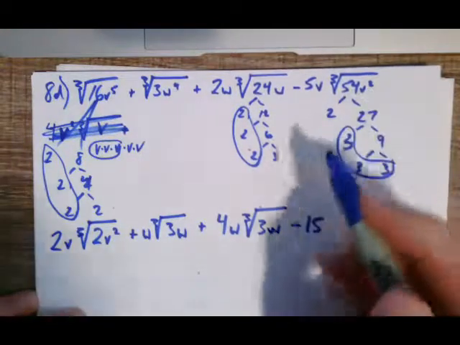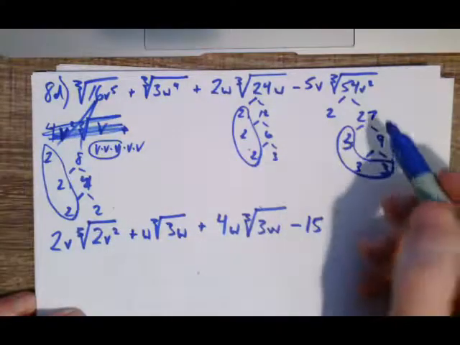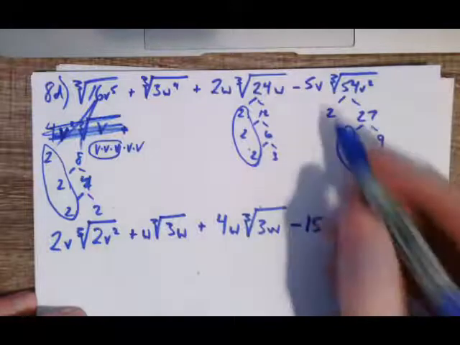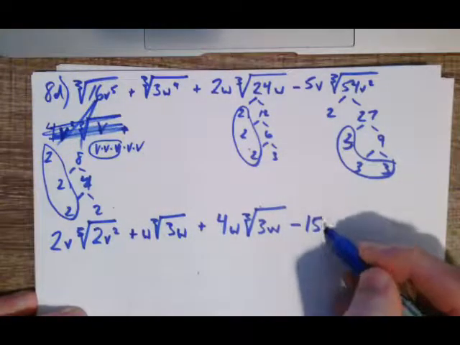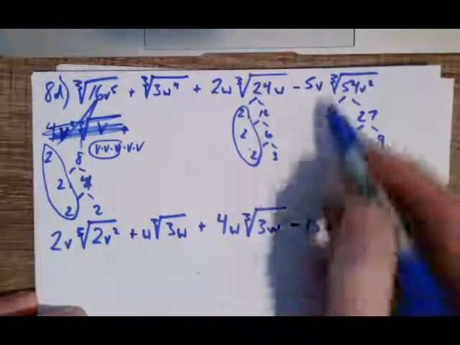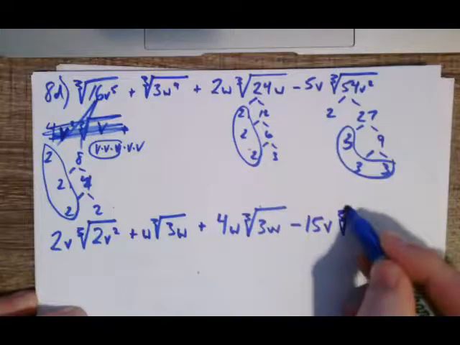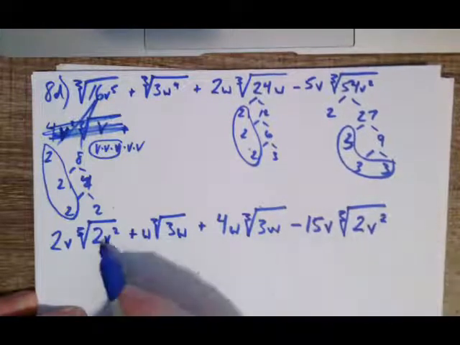Is that V squared? I'm just checking the book because I can't totally read it. That's V squared, so that stays because it's a cube root. I just about pulled it out. So 15, so there's already a V there, right? 3 times 5 is 15. The V is already there. Cube root. What's left behind? 2V squared. Isn't that convenient?